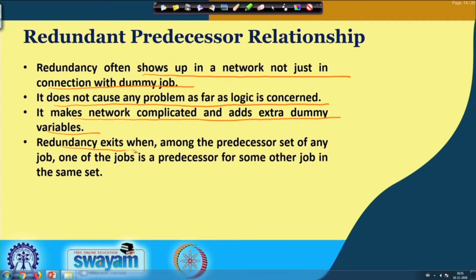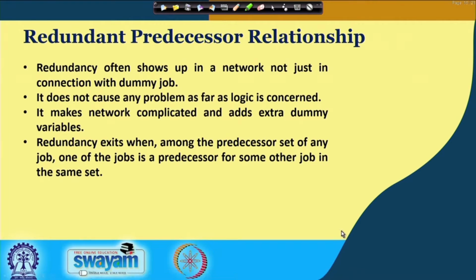So, redundancy exists if among the predecessor set of any job, one of the jobs is a predecessor of some other job in the same set. So, we have to remove the redundancy, that is the essential requirement while we are carrying out the network analysis.